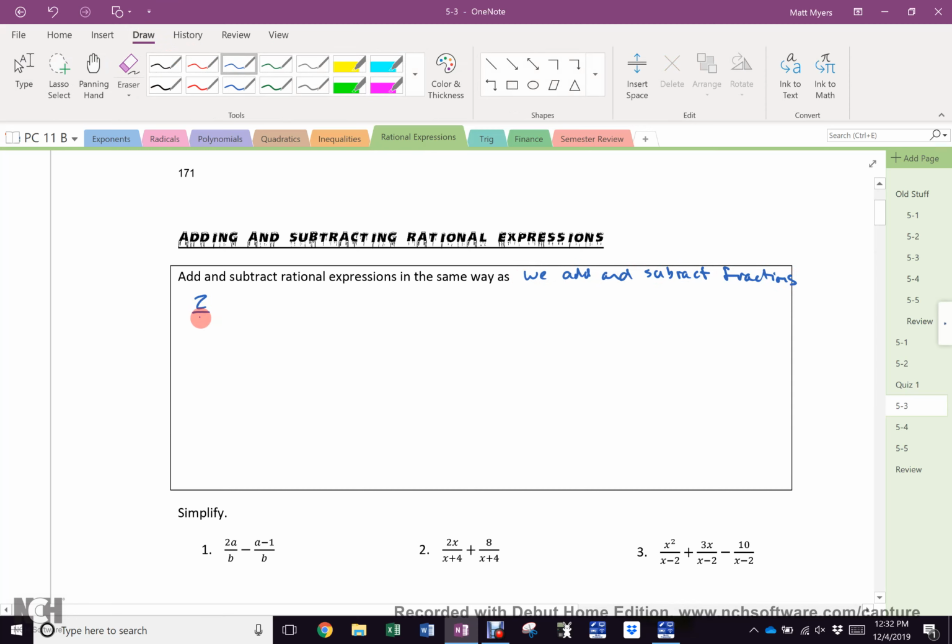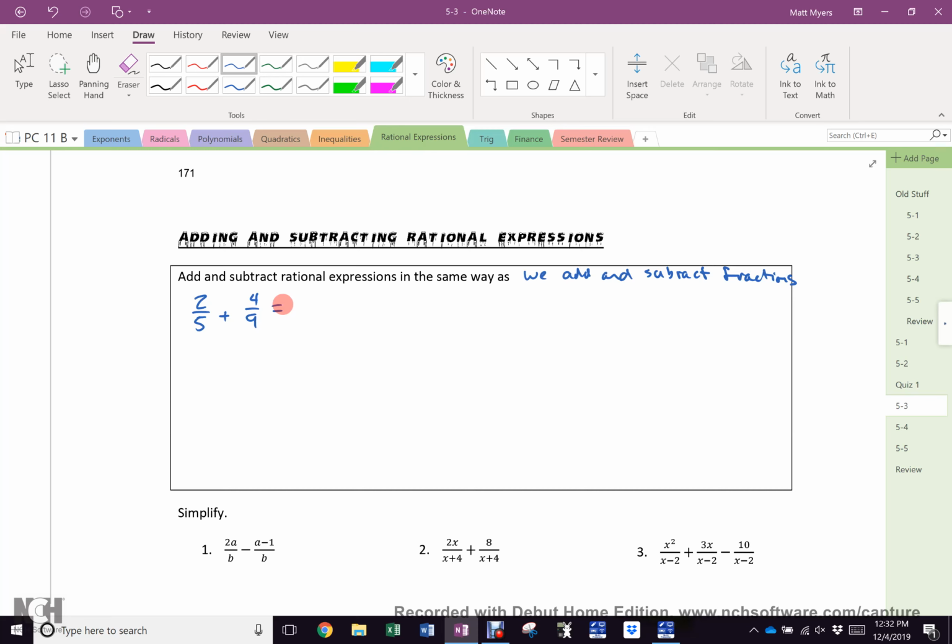Let's go with 2/5 plus 4/9. What would you do to deal with that? Preston: Find the lowest common denominator.